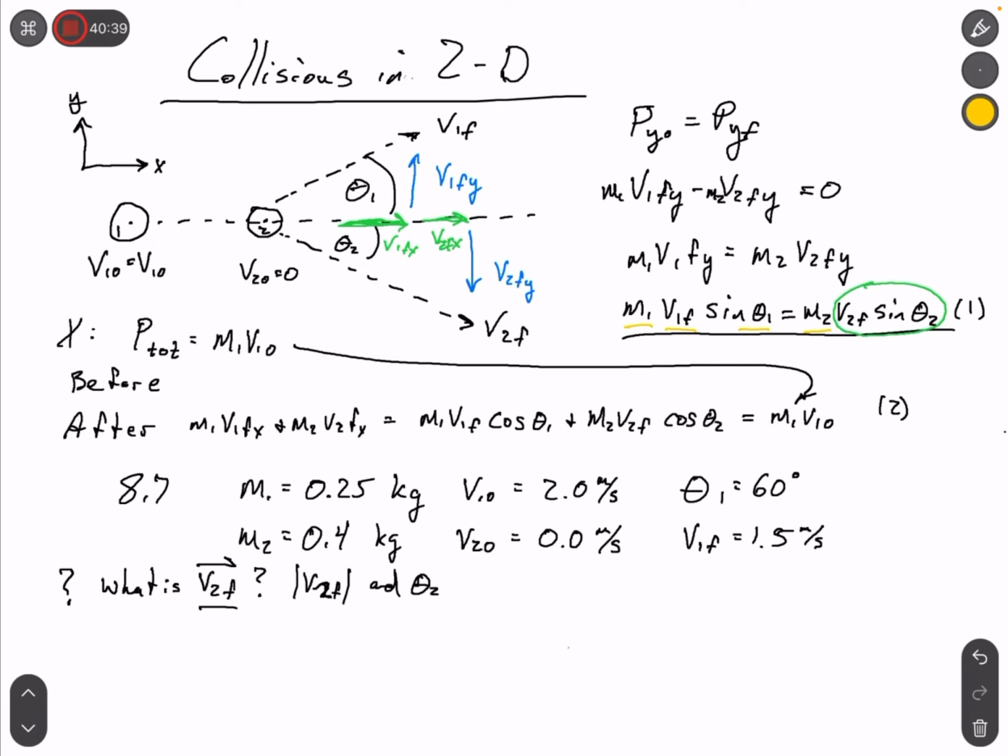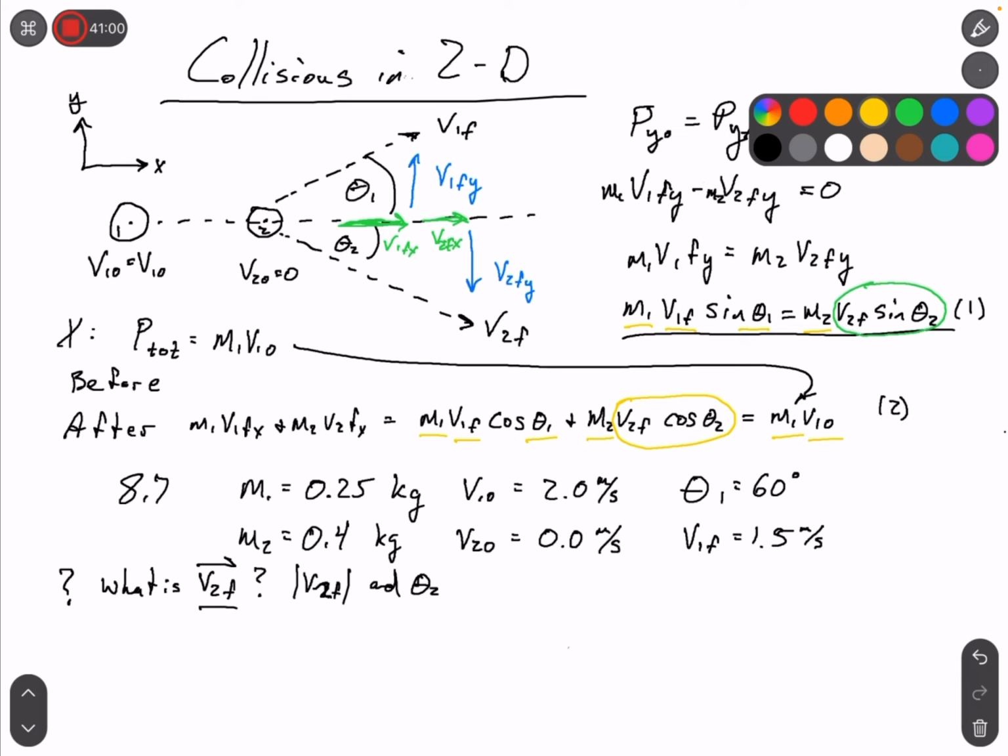And equation 2, we know this. We know V1 final. We know theta 1. We know M2. We don't know this. We know this and we know this.